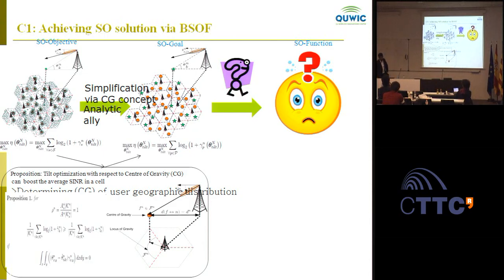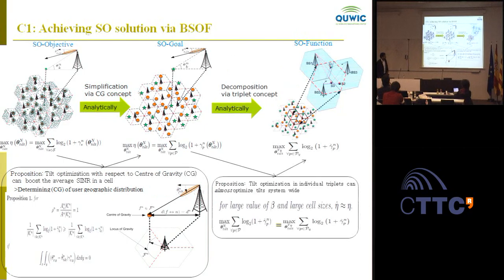It's still very difficult to optimize it over all the base stations. So here we bring in again the philosophical argument, and we support it by some analytical insight as well. Again, you have to look at the paper to see how it works.